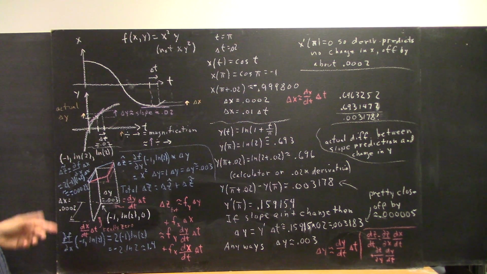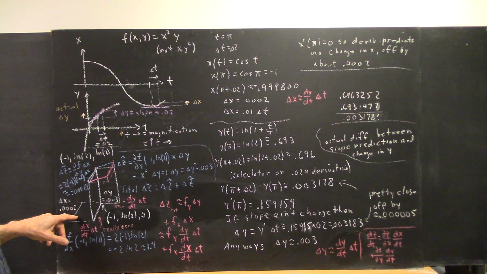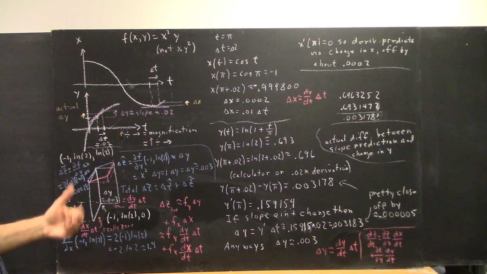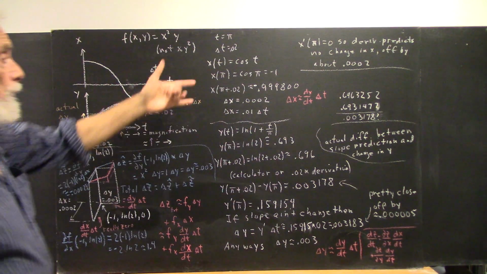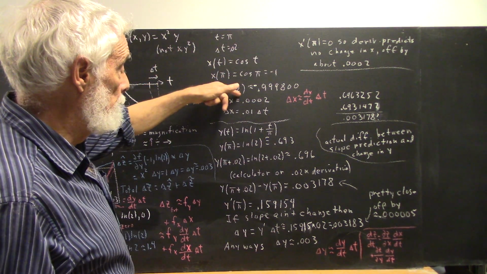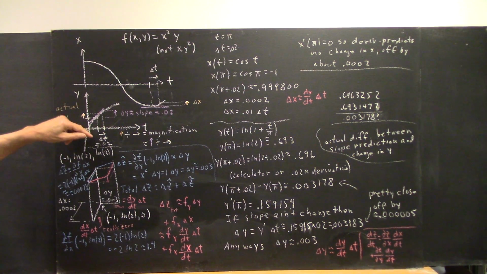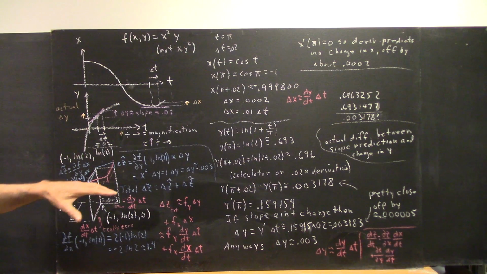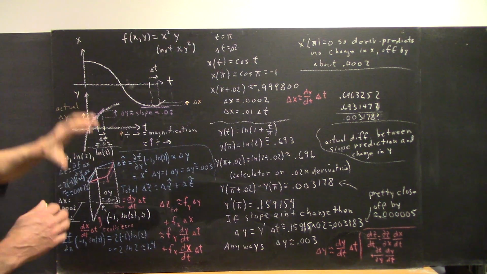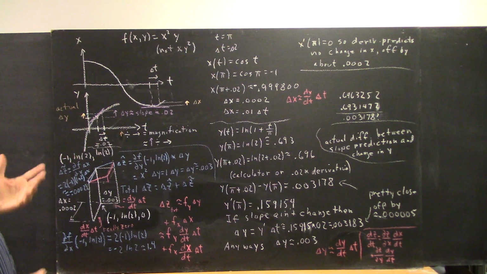So I took the liberty to find the delta x, which would actually be 0.0002 approximately, just by taking the difference between x at pi and x at pi plus 0.02. Now it's implicit that we're looking at a delta t of 0.02, the same change in t as in the example we did before.